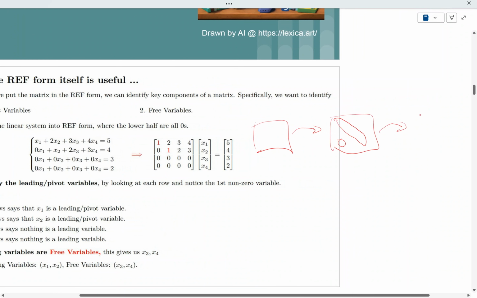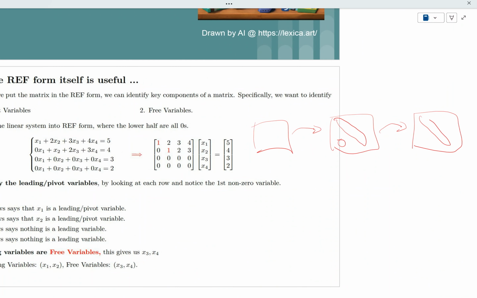And then we can reduce it further so you have the diagonal elements where the upper and the lower parts are zero. The first form is called the REF. If you achieve REF, it's pretty useful. You can use it already. But ideally, you want to achieve RREF. This is called the reduced row echelon form.